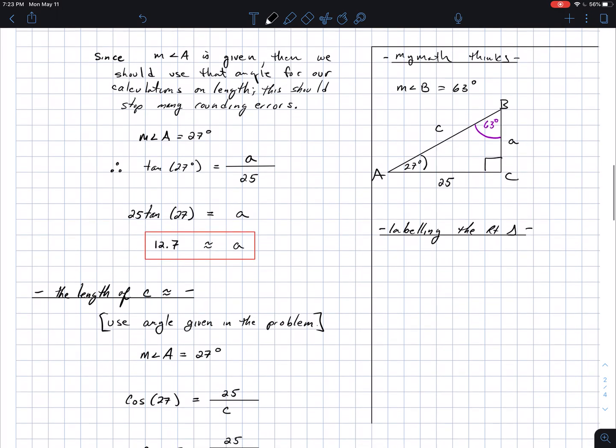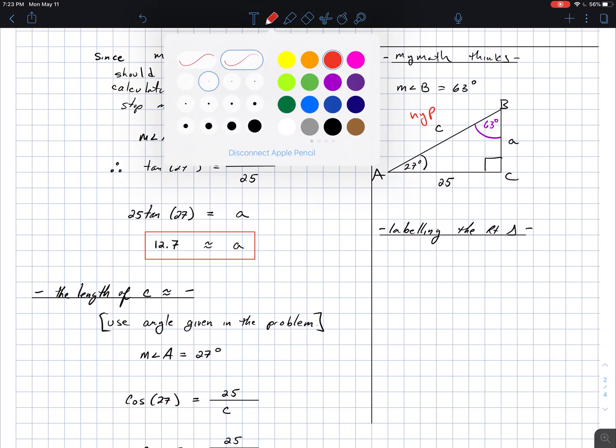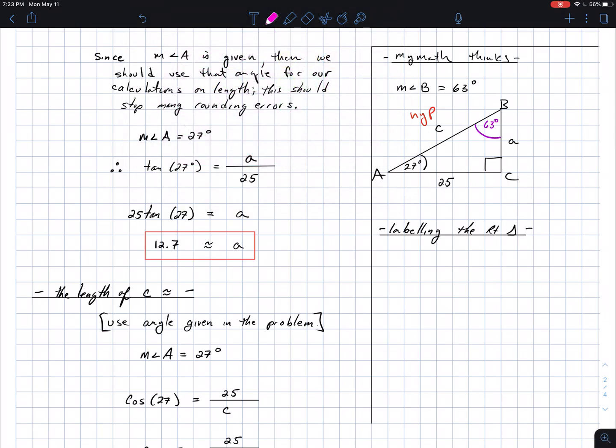But you want to label those sides that we discussed already in detail. And remember how we start. We start with the hypotenuse. There's the hypotenuse. So I label the hypotenuse, right? It's across from the right angle. Now I look at my angle that I want. In this case, it's 63. So 63 is now the opposite, okay?